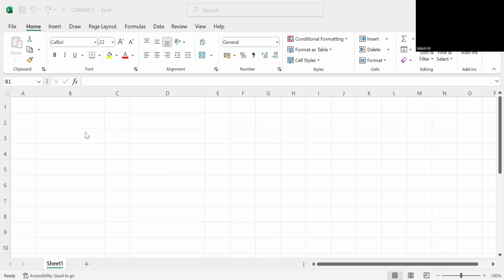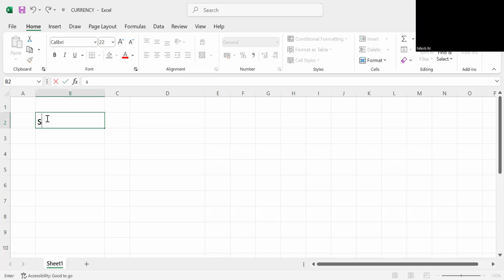So, first, let's start with how it can be done. Basic I'm talking about. First of all, you need to understand that Swift code is the code which has been given for the country's currency.